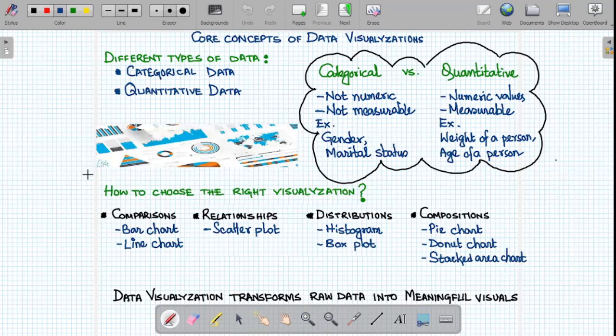In our previous sessions, we have gone through Matplotlib, Seaborn libraries in Python to perform data visualization. There we have seen a number of different types of visualizations are available to use. Now it is very critical for us to choose the right visualization for our problem statement.